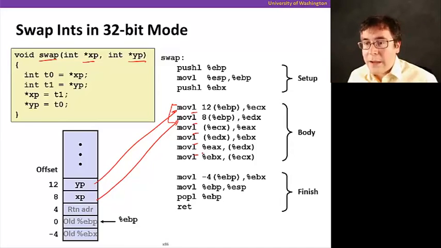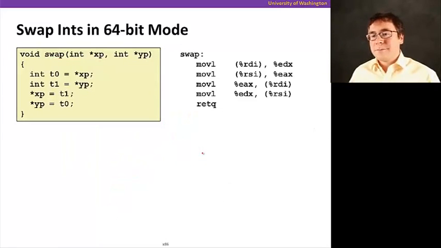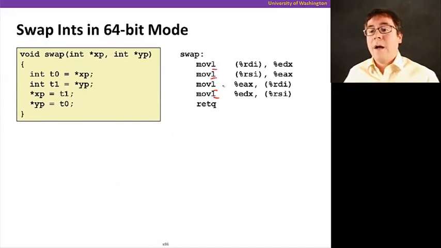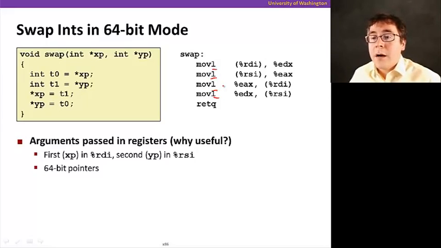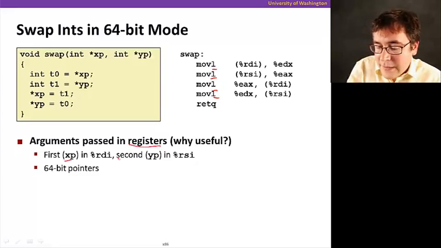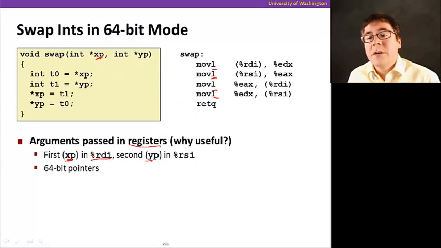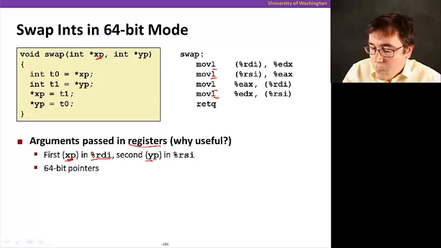Now let's look at how this piece of code will look in 64 bits. The first thing to note is that we still have movl, 4 of them. And also note that we are passing the parameters via registers, directly as opposed to the stack. So the xp parameter is stored in register RDI, and yp is stored in register RSI.